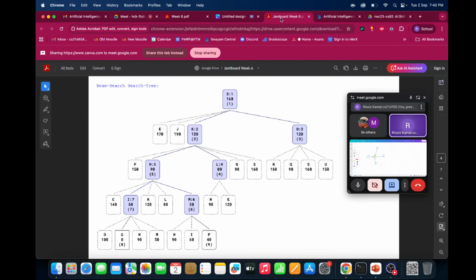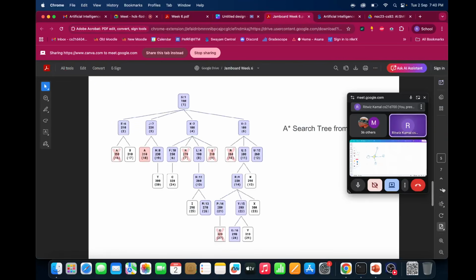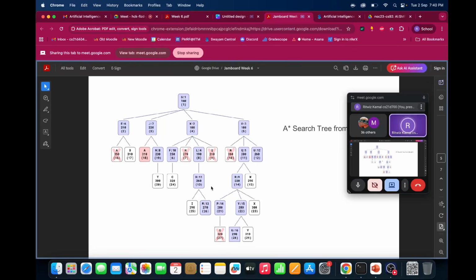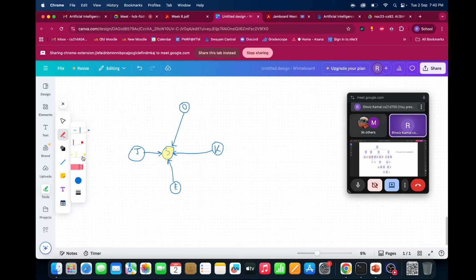I have the A star search tree from the previous week prepared so that you can readily reference it. So after S, which was the node to be inspected next? K. K, right? So now let's inspect K.